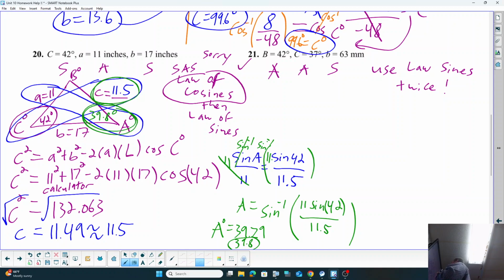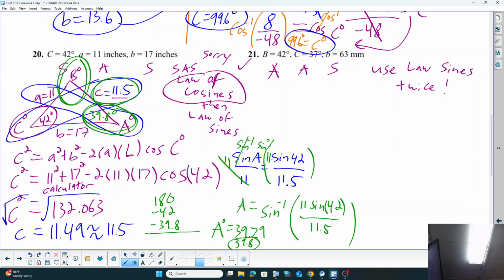We also found C, and now we just need to find B. To find B, we can do 180 minus the 42 and minus the 39.8. And when we do that, uh-oh, did I do something wrong? I feel like I might have done something wrong. Do you have to use law of cosines twice? Uh-oh, this could be bad.